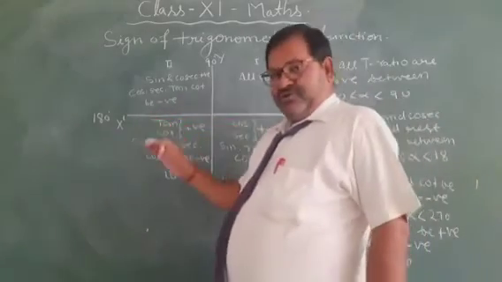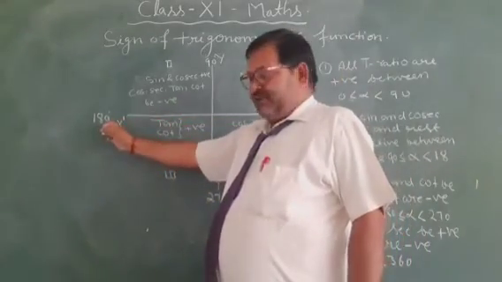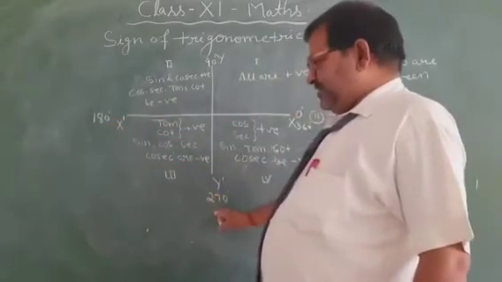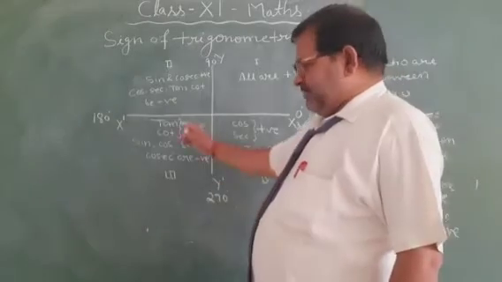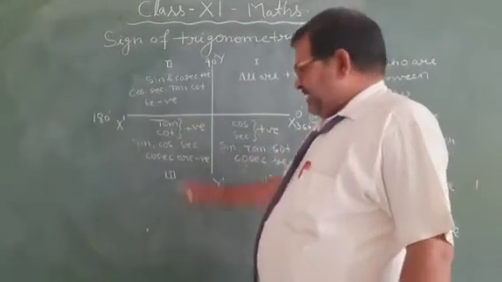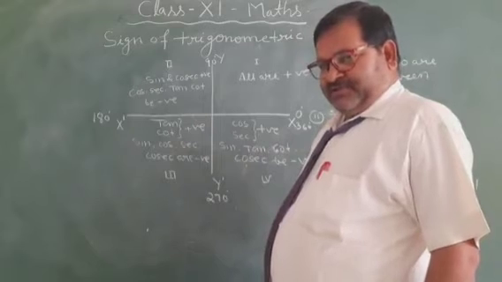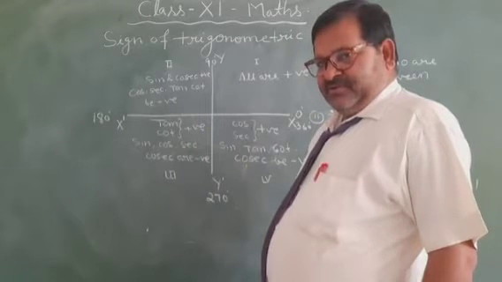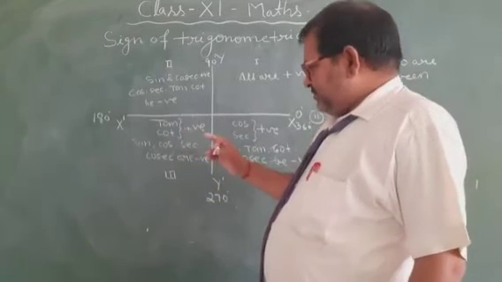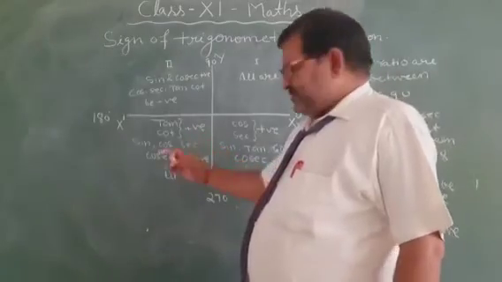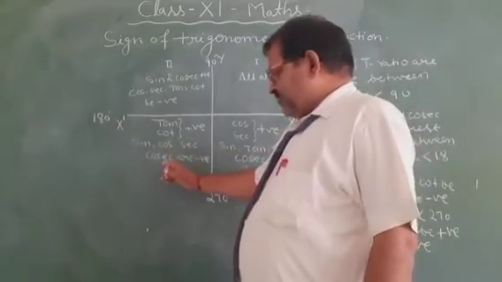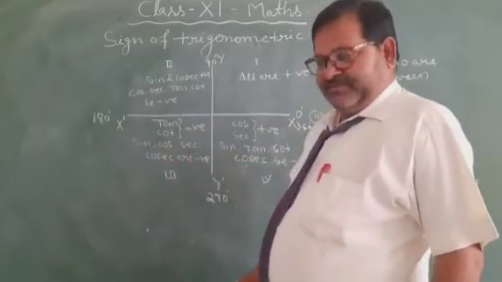When we go the angle between 180 to 270, the trigonometric function tangent and cot be positive and the rest of sine, cos, sec and cosec be negative.